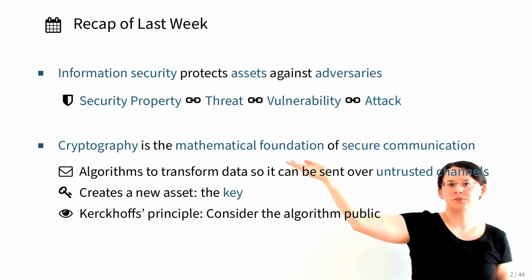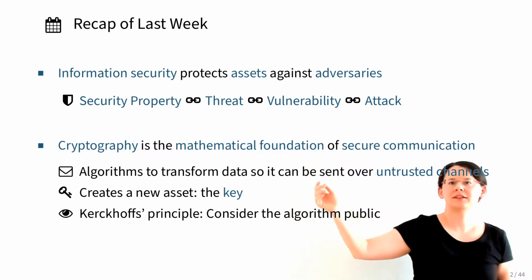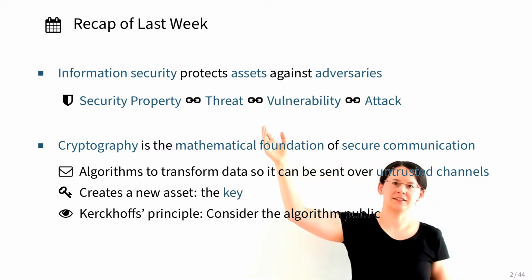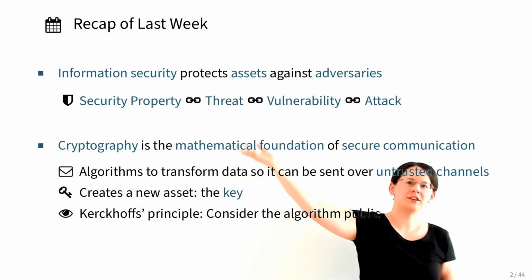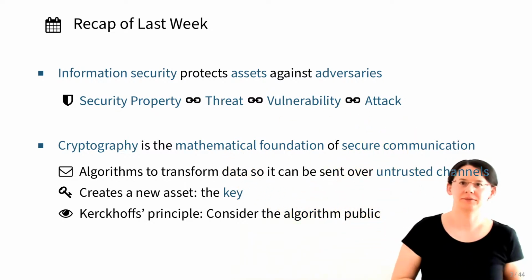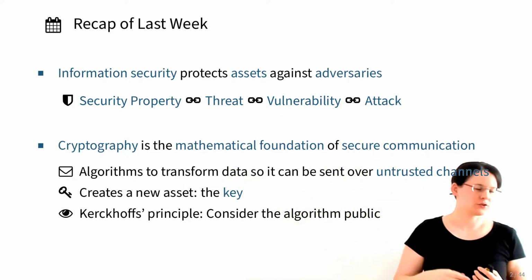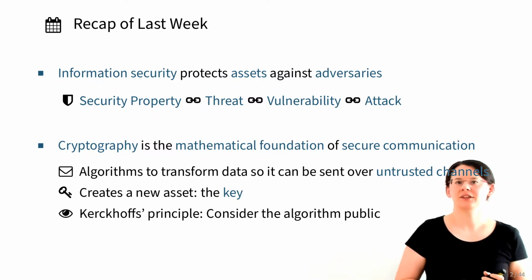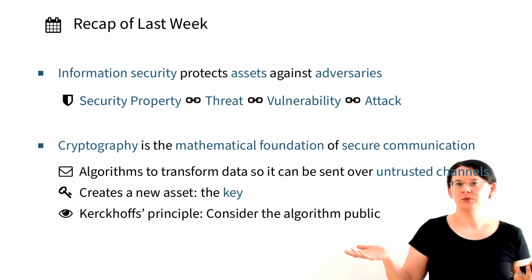And cryptography is then one of the building blocks that can help assure that this chain is broken in the sense that our security property does not end up in an attack. And we saw that cryptography is a general term for algorithms that transform data so it can be sent over an untrusted channel. And for this, we created a new asset.